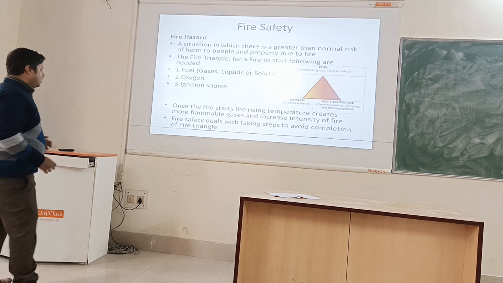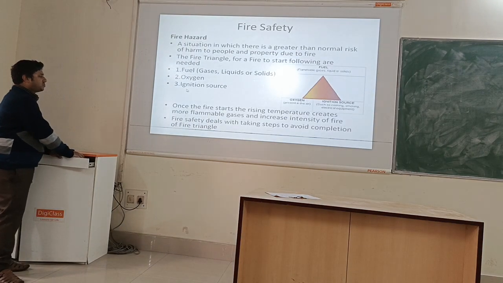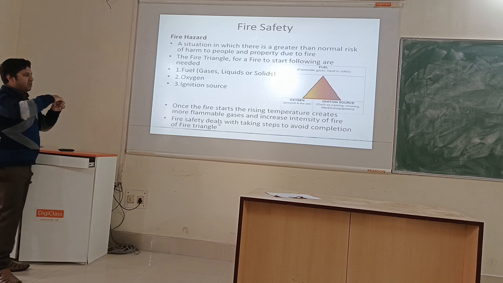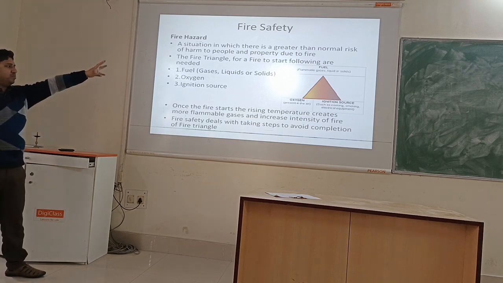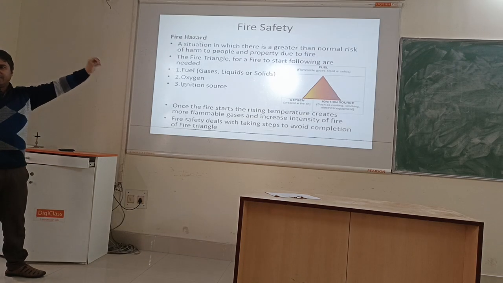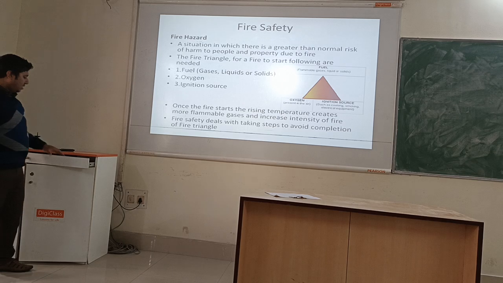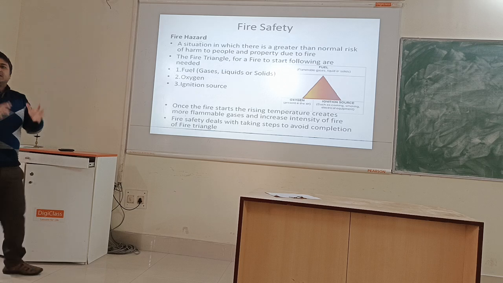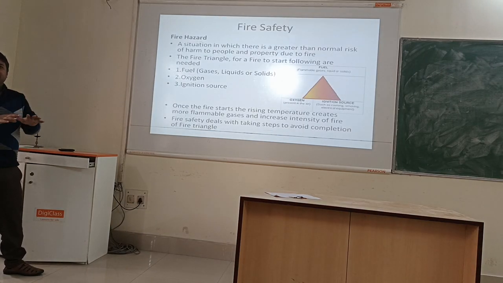This deals with taking steps to avoid the completion of this triangle. If we stop any point of this triangle, we can mitigate the fire. Either we can make sure that oxygen is not present by putting water or non-combustible materials close by.